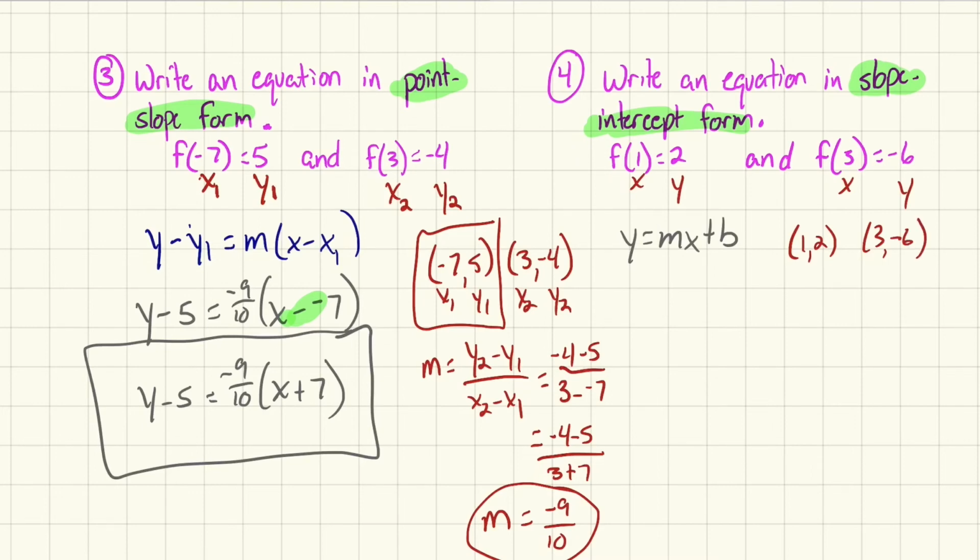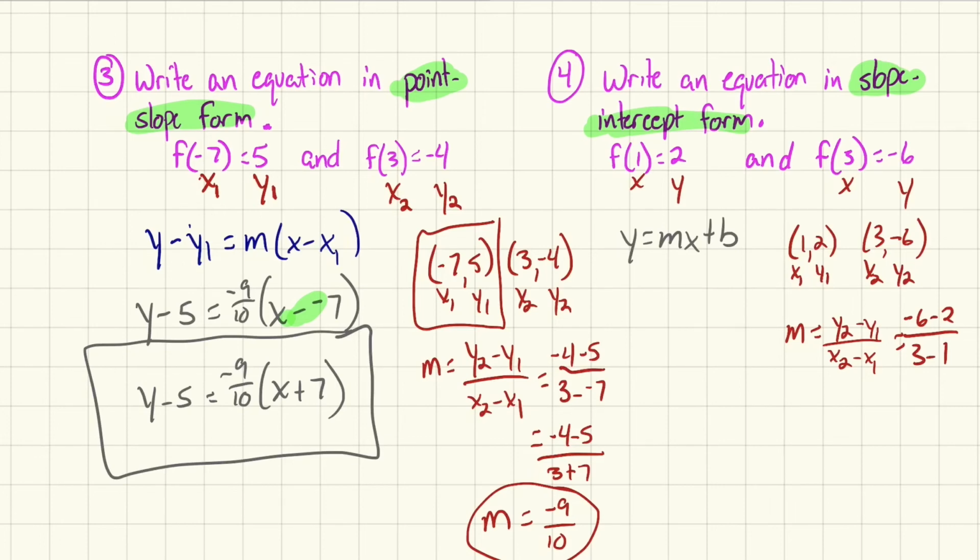So then, solving that, we get x1, y1, x2, y2. We can use our slope formula, m equals y2 minus y1 over x2 minus x1. That's going to be equal to negative 6 minus 2 over 3 minus 1.